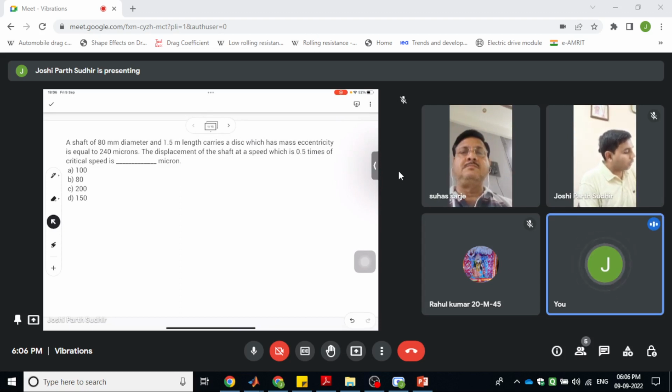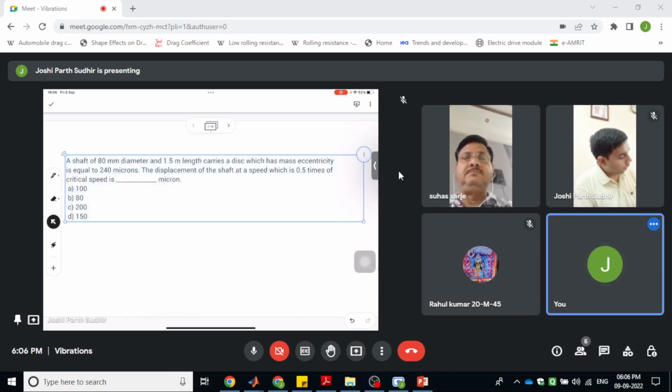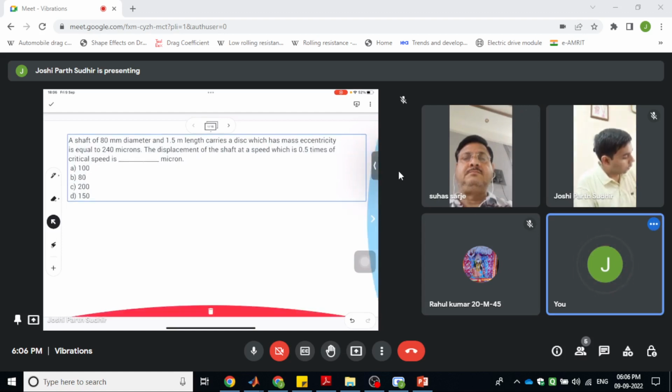In this question it has been given that there is a shaft of diameter 80 mm and it has a length of 1.5 m, and it carries a disc which has an eccentricity. So let us first draw this system.